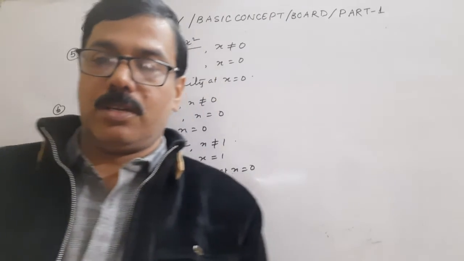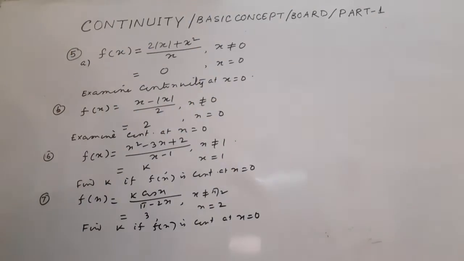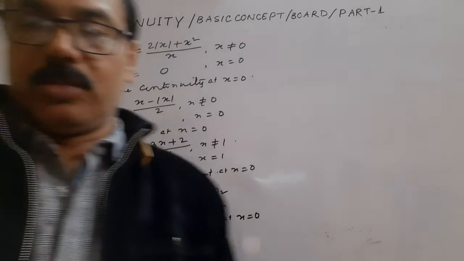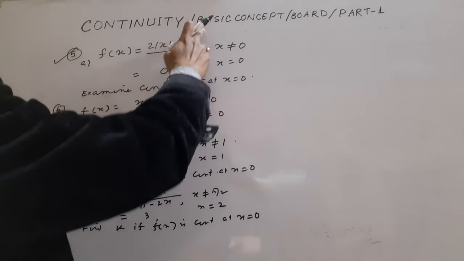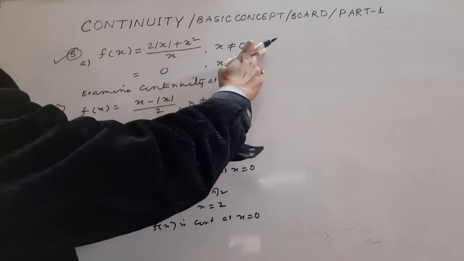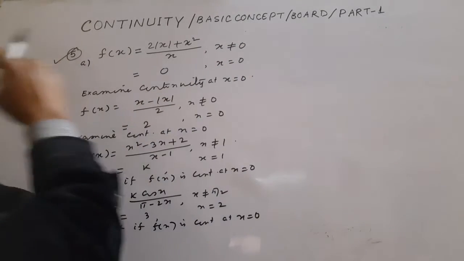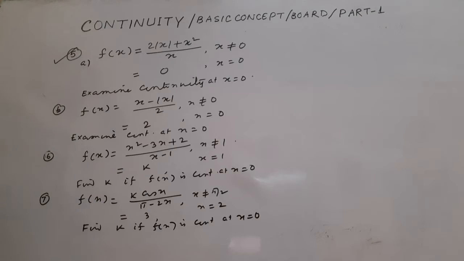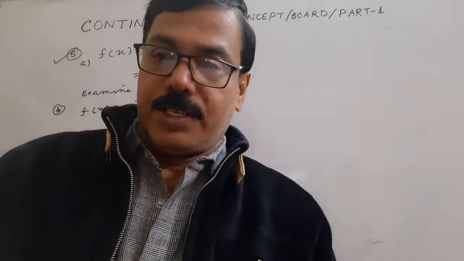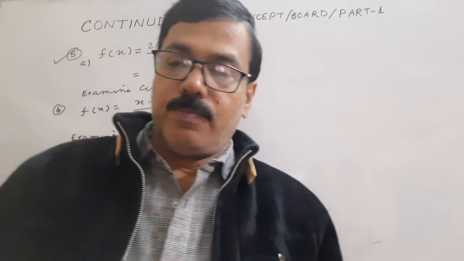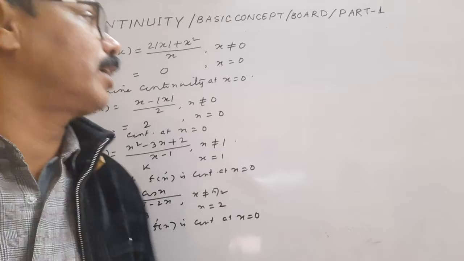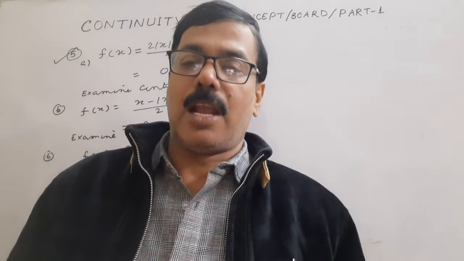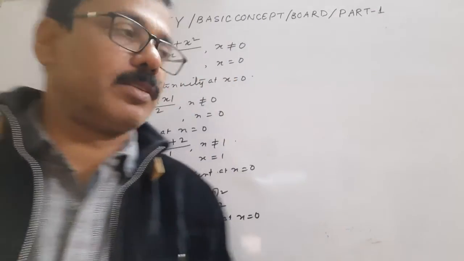Now we consider some more problems, same type of problems. Now problem number 5. Fx equals to 2 mod x plus x square by x, x not equals to 0, equals to 0 at x equals to 0. So I have already stated, if it is given not equals to and equals to, then we find fa and limit x tends to a fx.